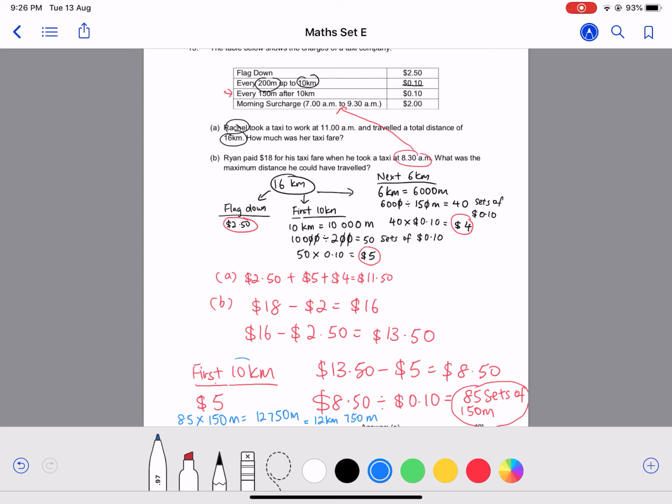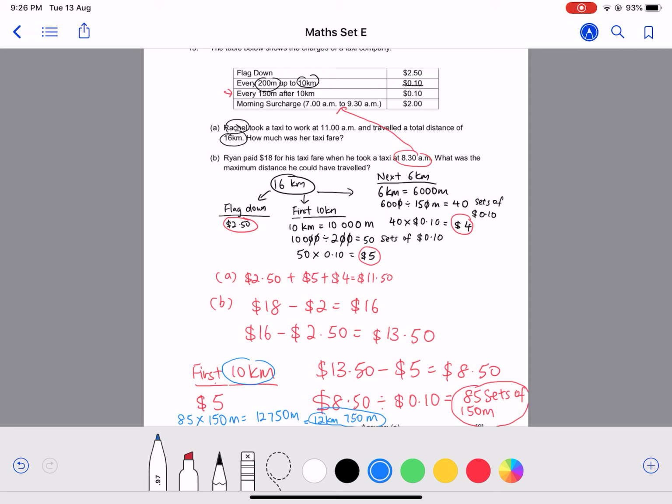So you travel your first 10 km, you travel your 12 kilometers, then that is the total answer also. So the answer will be 22 kilometers, 750 meters.